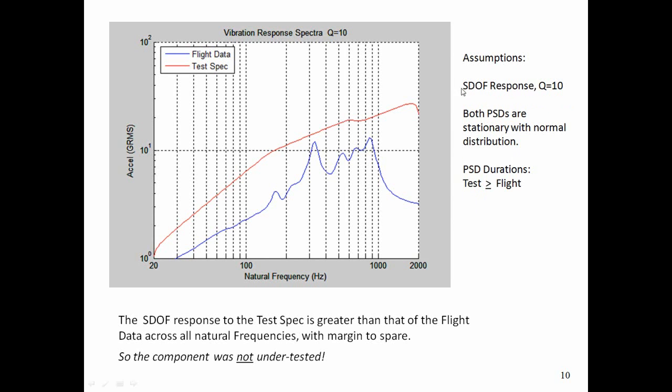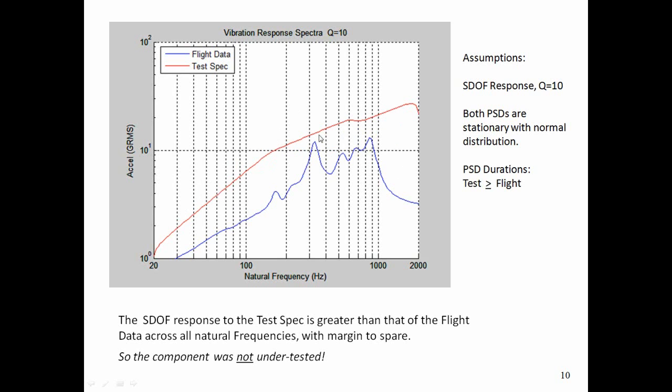So when we say the test spec envelops the flight data in terms of VRS, let's be clear about these assumptions. Now, a more common case history is that the two curves would crisscross each other at several points. Maybe the flight data would be more of a zigzag curve.